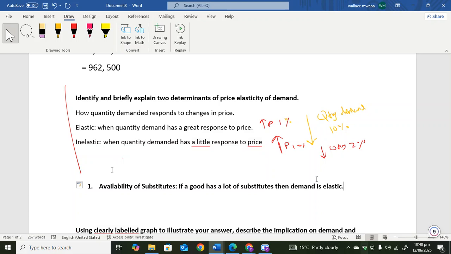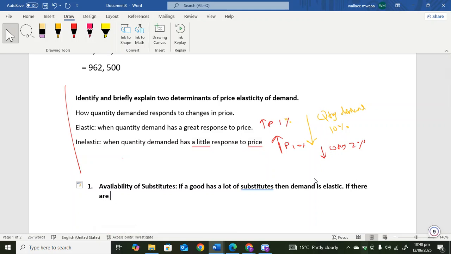Any questions on that? So if a good has a lot of substitutes, then demand is elastic. If there are few substitutes, like for example salt, then demand is inelastic, because when you increase the price of the good, people can't switch it with other goods.